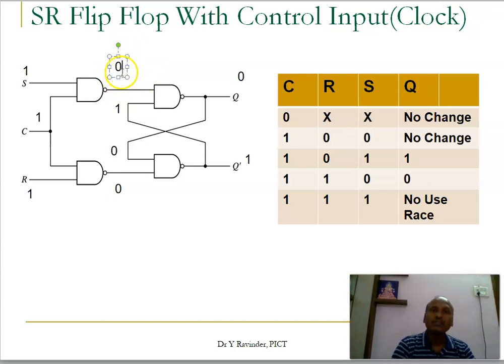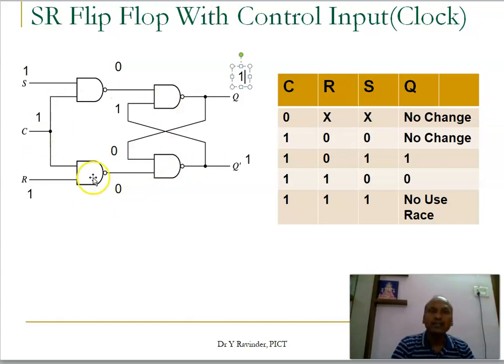One of the inputs is 0, so this will be forced to 1. Straightforward, this will become 1. Both are trying to be 1. Such a condition is not useful. We are not going to use that. It is called a race condition.